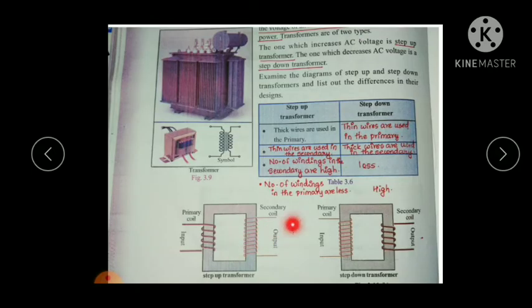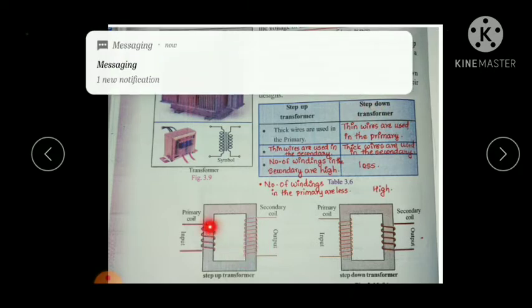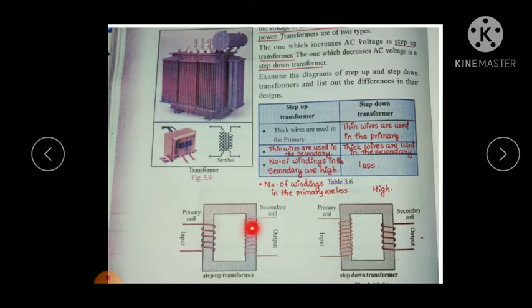So this is the diagram of a step up transformer and this is a step down transformer. Examine the diagrams of step up and step down transformers and list out the differences in their designs. So we have to write the difference between step up and step down transformer. In a step up transformer, you can see a primary coil and a secondary coil. In the step down transformer also you can see a primary coil and a secondary coil.